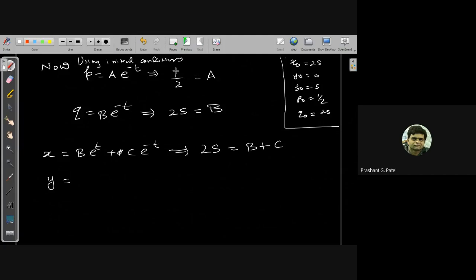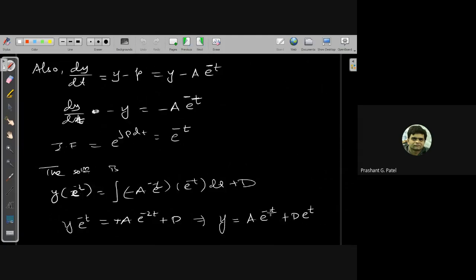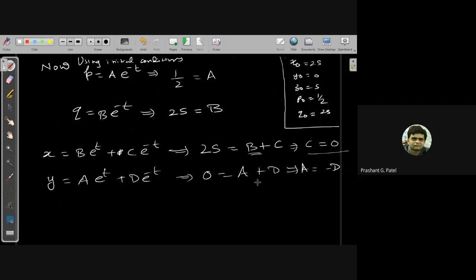And the value of y, it is a e power t plus d e power minus t. So if I use this, 0 equals a plus d. So this will give me a equal to minus b. And since b equal to 2s, if I substitute here, then c will be 0.